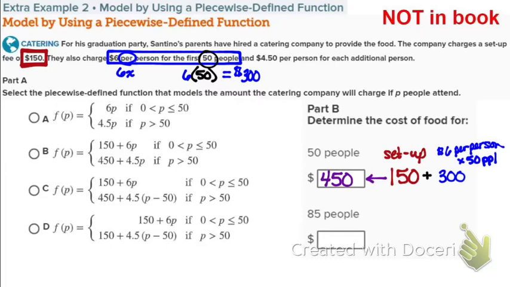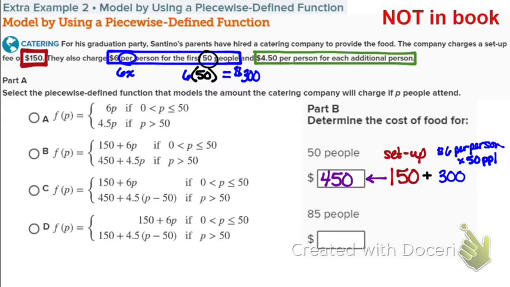What about if I wanted to have 85 people at this party? You said 85 times 4.50? No. Why not? It would be 35 times 4.50. Explain to me what you're thinking. I like it.